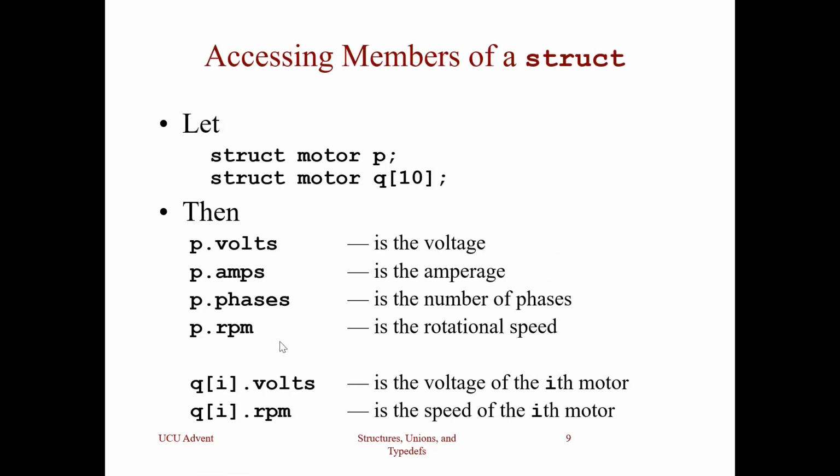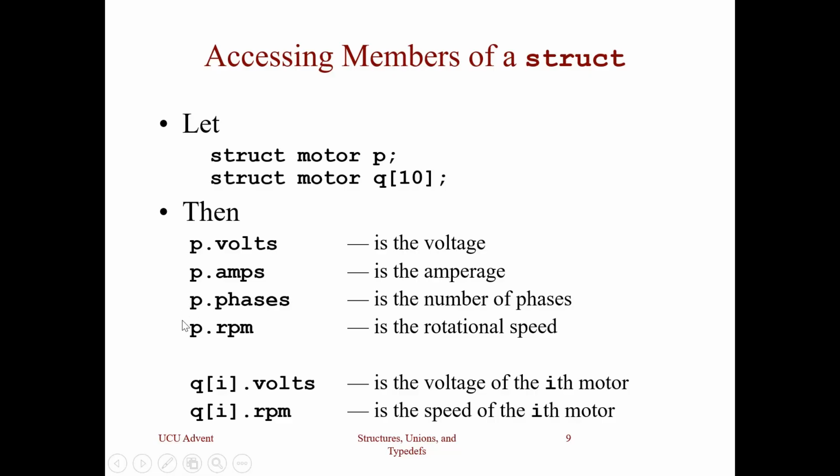When you're accessing members of a structure, for instance, say we have struct motor p, then struct motor q, which is an array, you can access using the object p that is created by the structure motor: p.volts, p.amps, p.phases, p.hours.